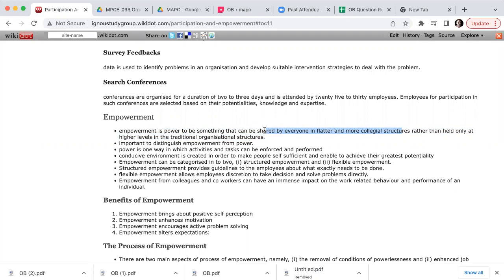If there is a hierarchical world with a lot of hierarchy, my boss, his boss, his boss, then this kind of empowerment is not a possibility. Hence, it is generally shared within flatter and more collegial structures rather than held only at higher levels in the traditional organizational structure. So it is not just higher levels; even lower level employees have that power to do. That is what empowerment is, right?